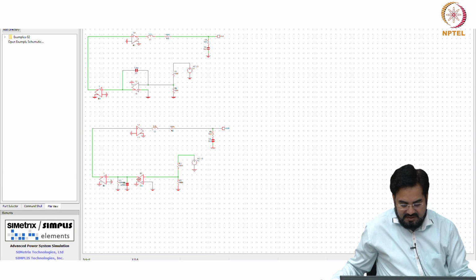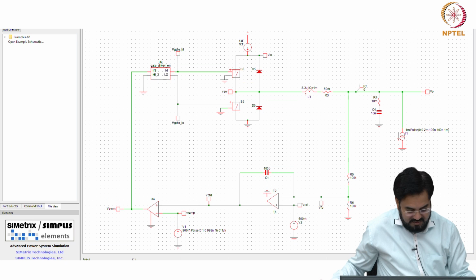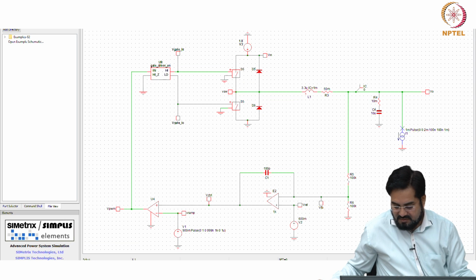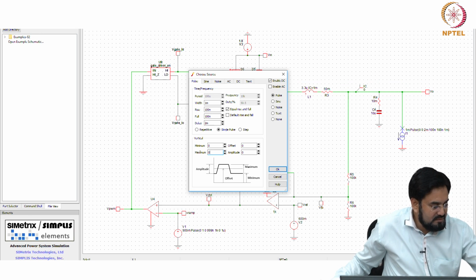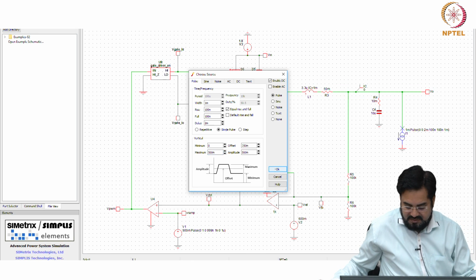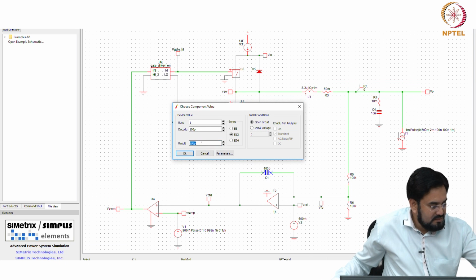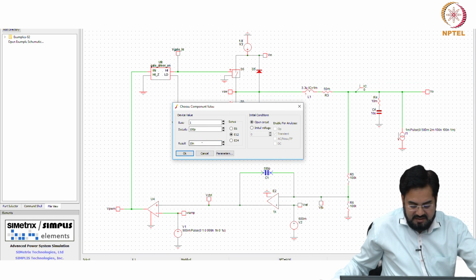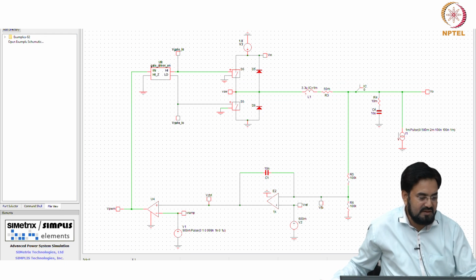And if you want to see, we can see here in this case the load transient also. So let me make it half amp, and I will make it 10 nano roughly, which is more than what we calculated.